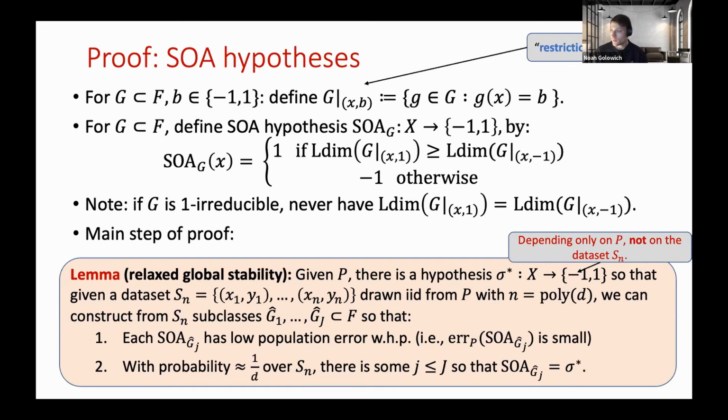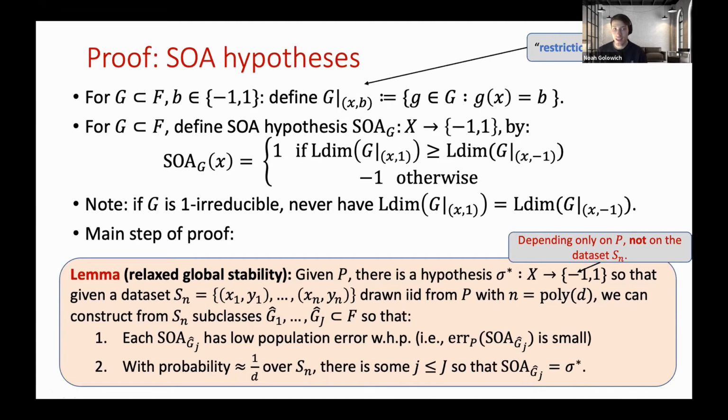At a high level, this second point in the lemma is the more important. It's the crux of the argument. Basically, what we're showing is that some SOA hypothesis for a class that we can construct solely from the data set Sn is equal to a hypothesis sigma star, which depends only on the distribution.